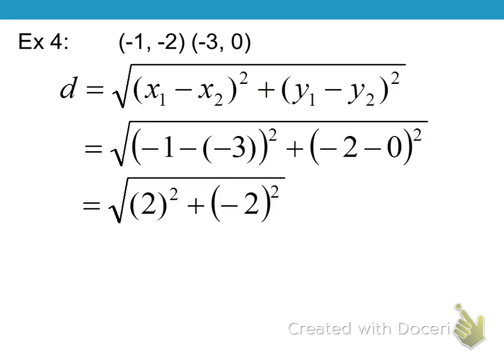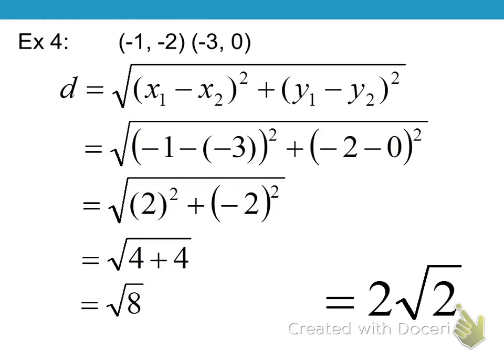All right, 2 squared is 4. -2 squared is still 4. That gives me square root 8. 2 and 2. 2 square root 2. Very good. You need to see the tree? It's 2, 2, and 2.